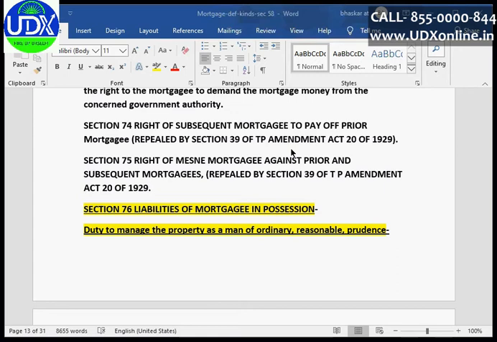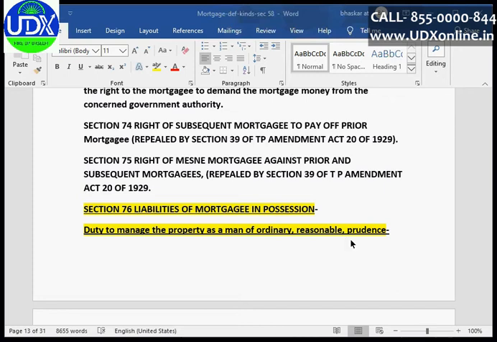Remember, the mortgagees having the possession of the property and the mortgagees having no possession of the property. You have to remember. So this Section 76 applies to those mortgagees who are having the possession of the property. Now, what are their responsibilities? What are their duties towards that property?